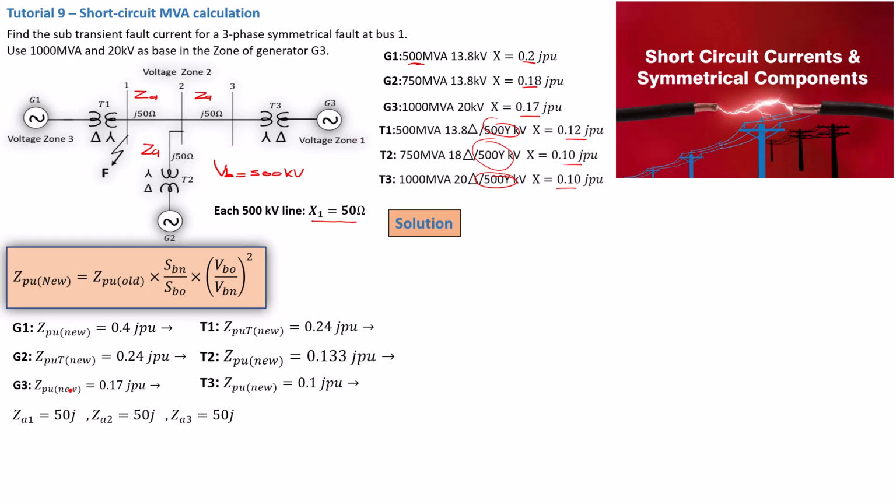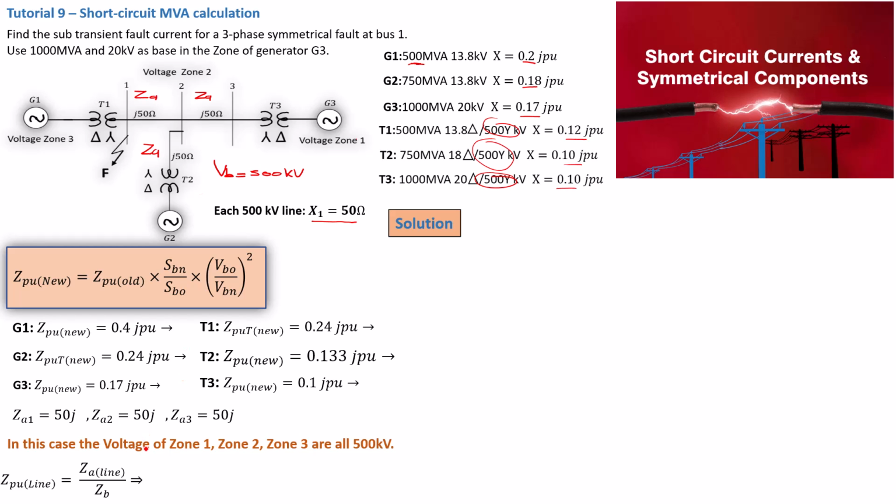So if we know what V base of the zone is, we can then deduce that Z per unit of the line is equal to Z actual divided by ZB. Then we can calculate what ZB is. Now, in order for us to calculate Z per unit of the line, we only need ZB, since we already have Z actual of the line, which is equal to 50 ohm for each one of these lines from different transformers.